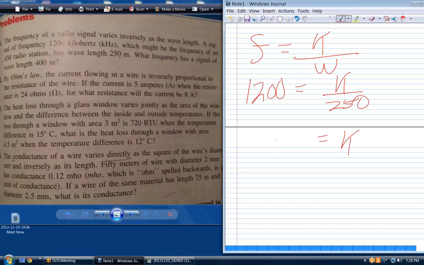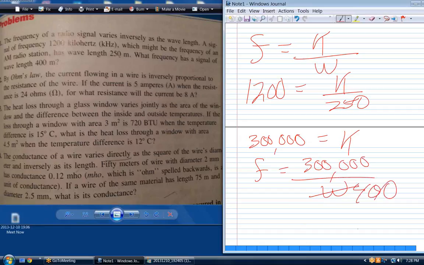Then you get 300,000 equals K. So then you go back, F equals 300,000 divided by W. And then you have, what frequency has a signal of wavelength 400 meters? So F equals 300,000 divided by 400, which is 750.